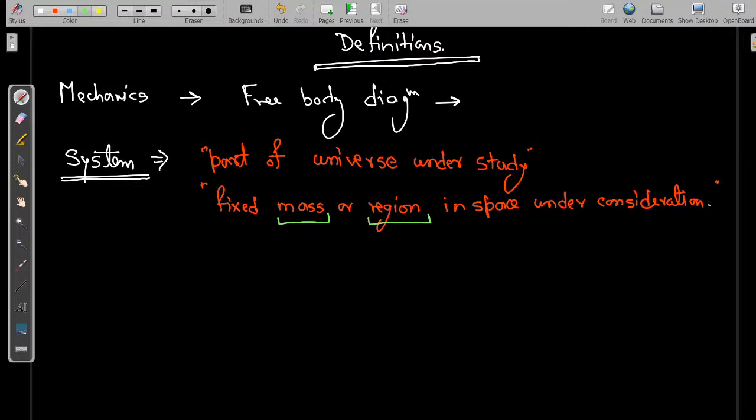Okay, then comes the surrounding. Surrounding is everything except system.